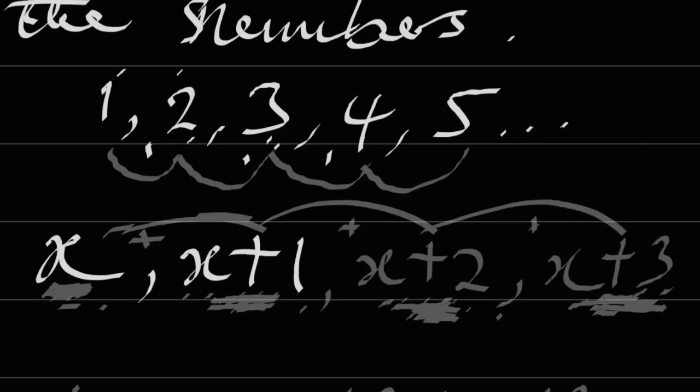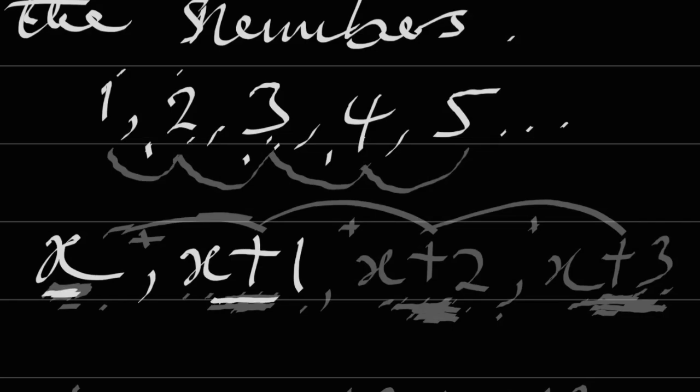Why x plus 1? Because they are consecutively arranged. The difference between consecutive numbers is equal. That is to say, we are adding 1. So if the first one is x, the second one will be x plus 1.